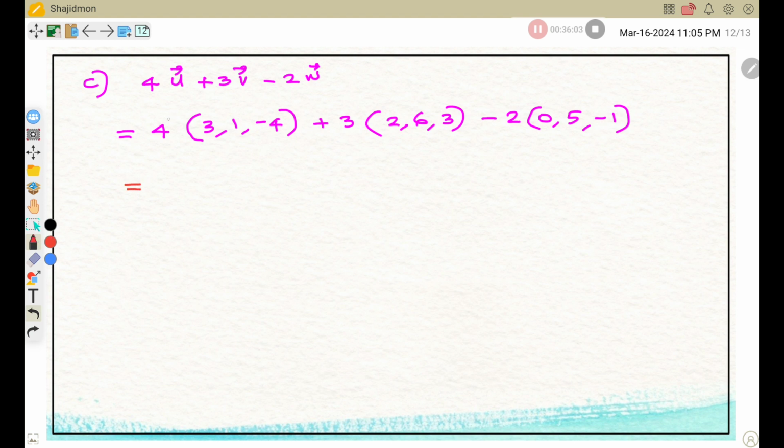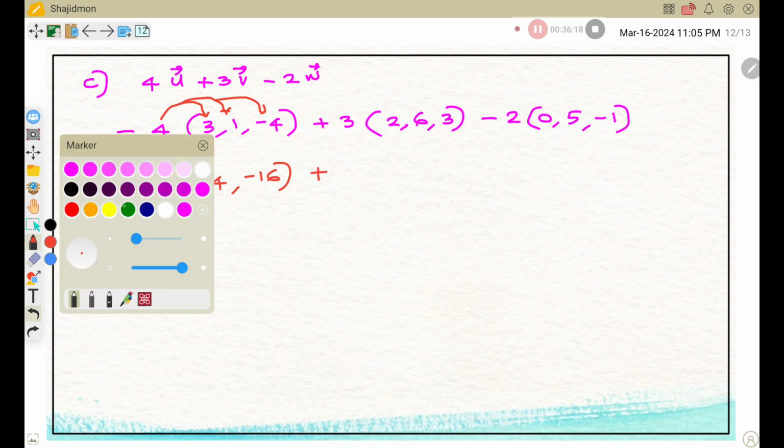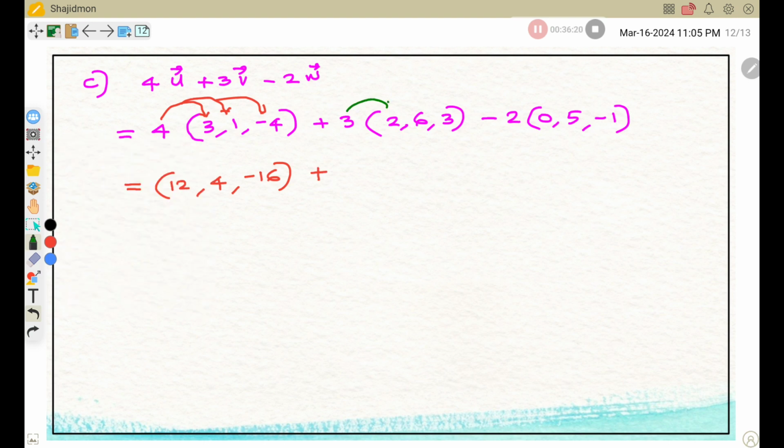Multiply 4 into each number inside. So 4 times 3 is 12, 4 times 1 is 4, 4 times minus 4 is minus 16. Plus, in a similar way for the second vector, 3 times 2 is 6, 3 times 6 is 18, 3 times 3 is 9.